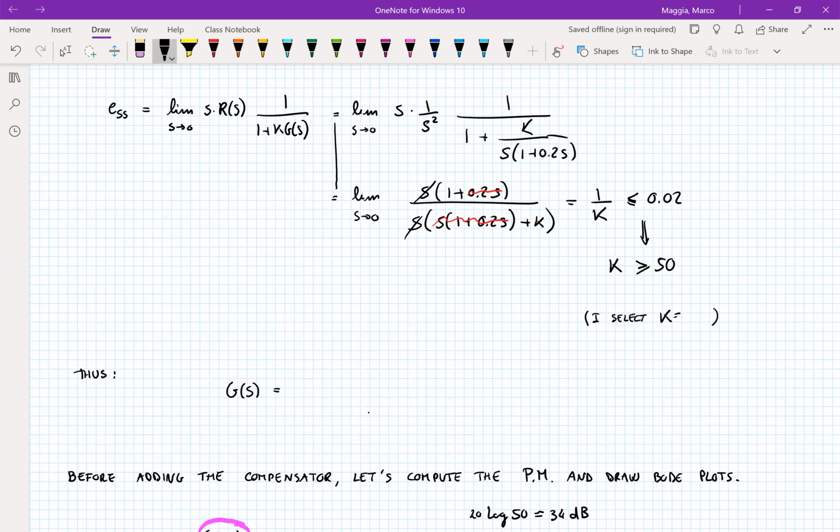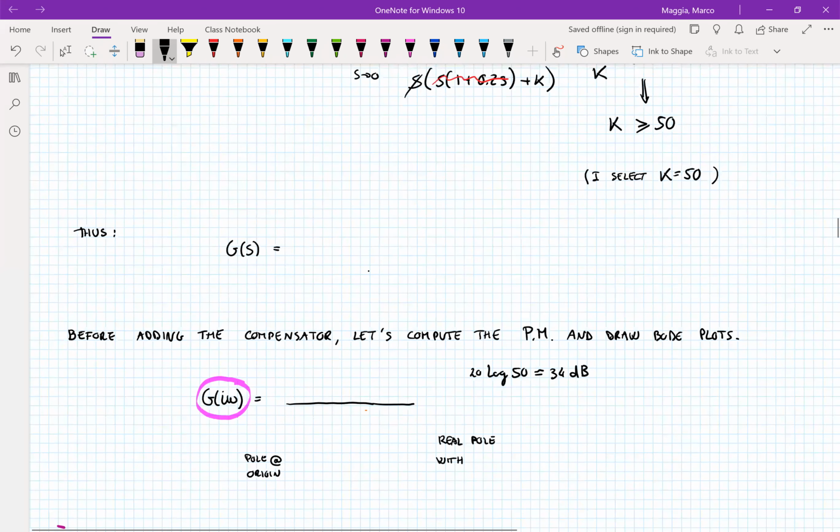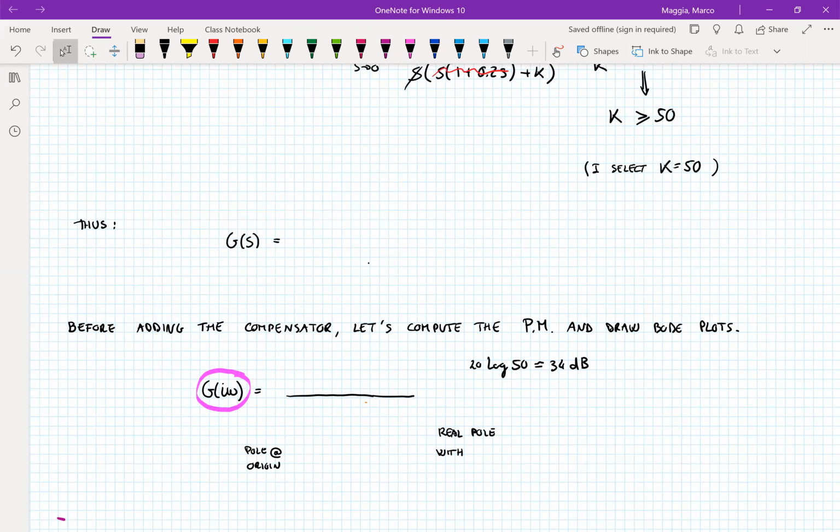So let's just select 50. Now we've modified the plant such that the requirements in terms of steady state error are met. So G(s) is 50 over s times (1 plus 0.2 s).